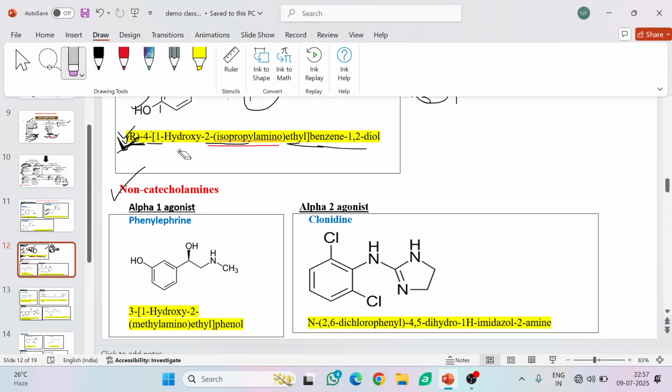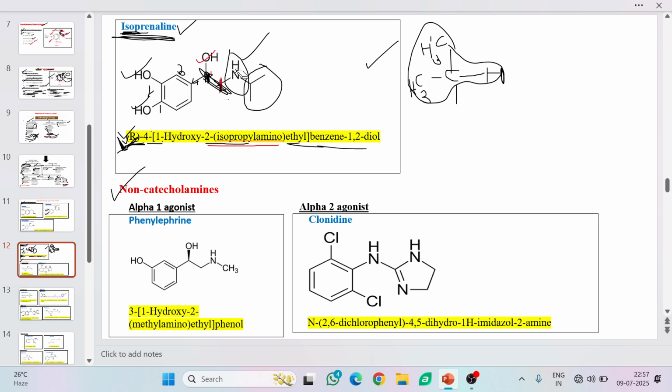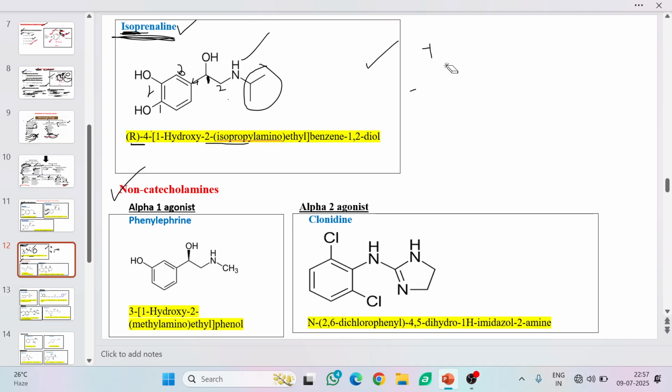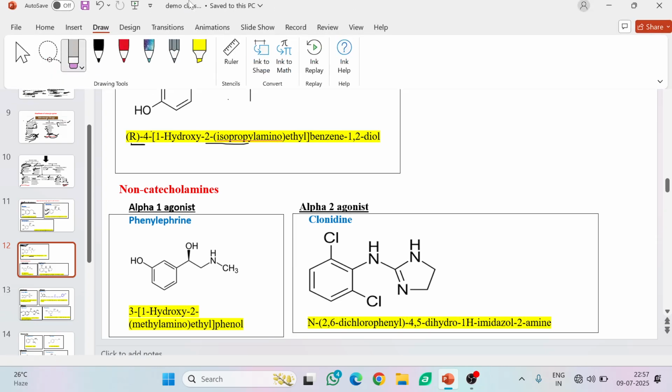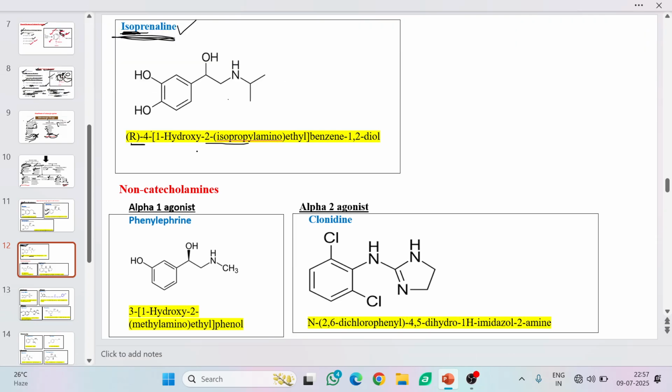So non-catecholamine. First coming towards the alpha 1 agonist, phenylephrine.